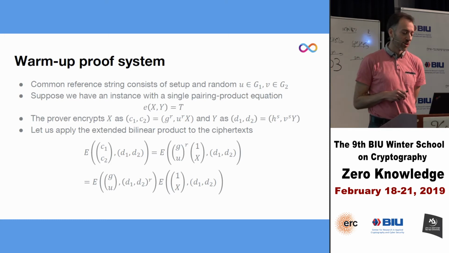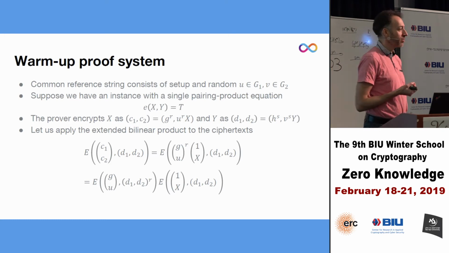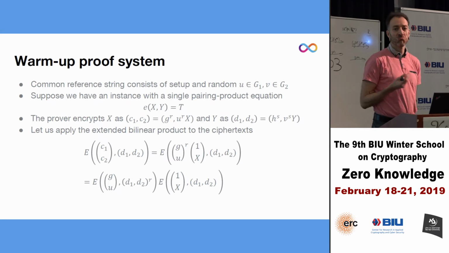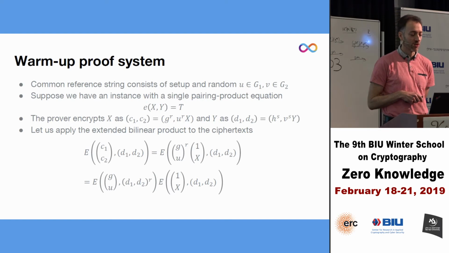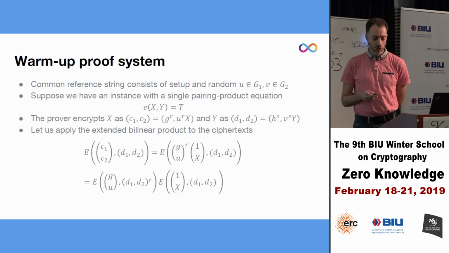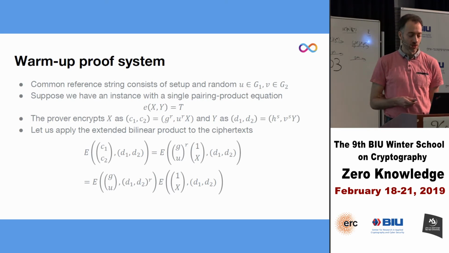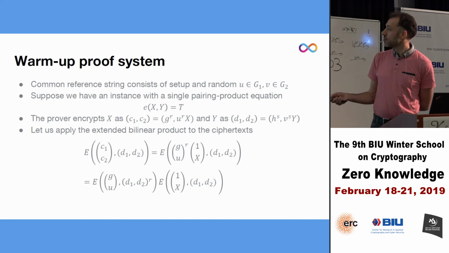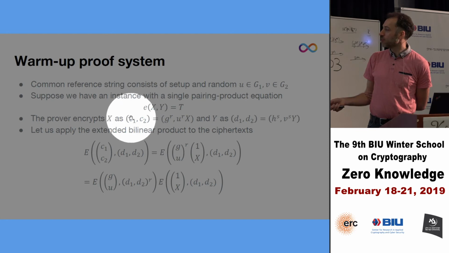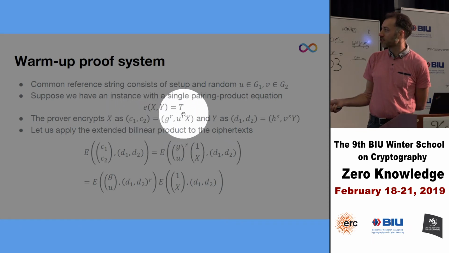Okay, so the prover starts by encrypting x. Later on we will want some sort of privacy, which will come from the encryption. So the prover encrypts x with ElGamal encryption, computing C1 and C2 as G to the R and U to the R times x.